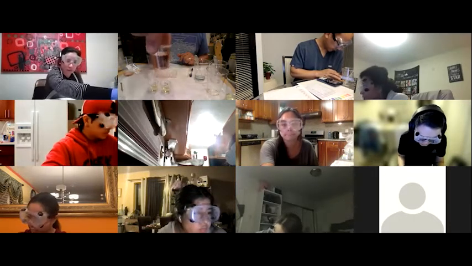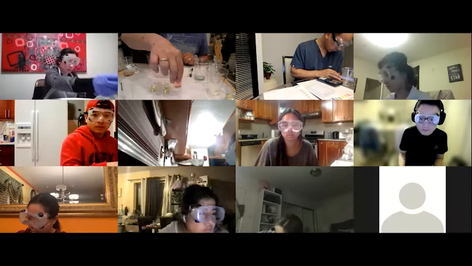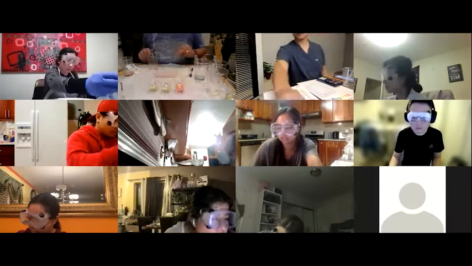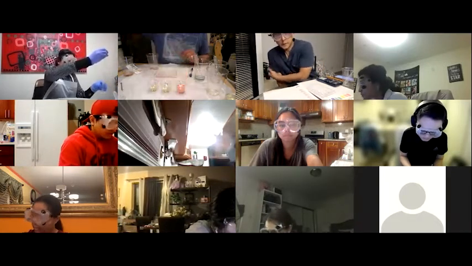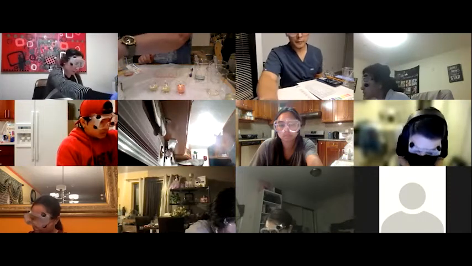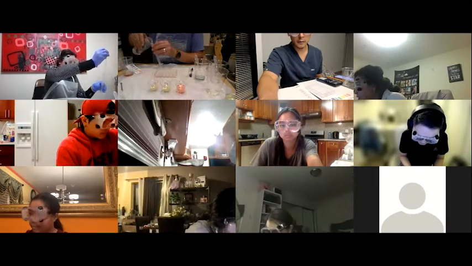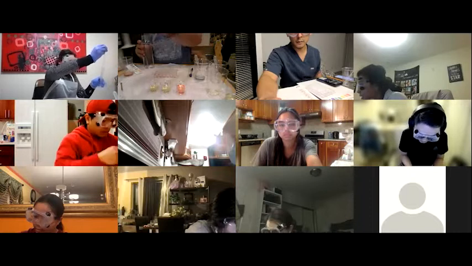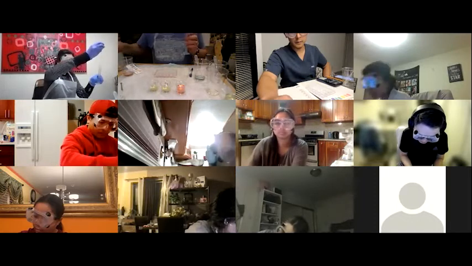And then I'm going to take 5 of this and put it in dilution number 2. So we're doing what's called a serial dilution. Instead of using the same stock solution to make a bunch of dilutions, okay.